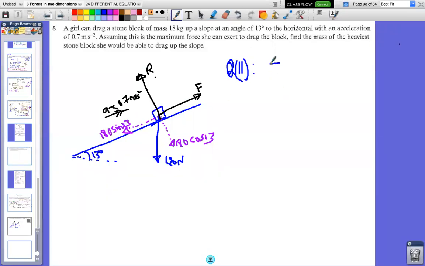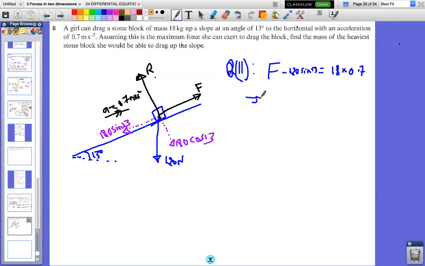So we get this force minus this force should be the mass times the acceleration. So F minus 180 sine 13 should be the mass of the object, which is 18, times the acceleration, which is 0.7.